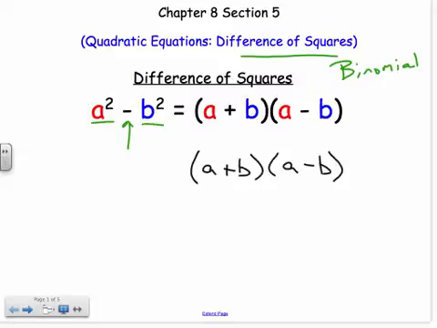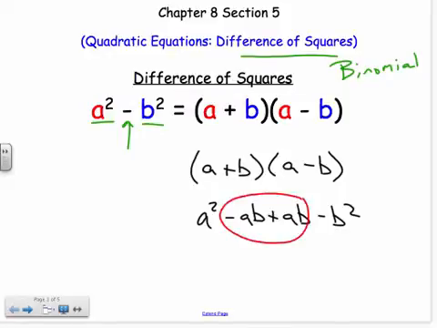We go through the FOIL, we get a squared minus ab plus ab minus b squared, right? A times a, a times negative b, b times a, and b times negative b. What happens when we use that FOIL is that our middle two terms cancel each other, and we're left with a squared minus b squared, hence the difference of squares.